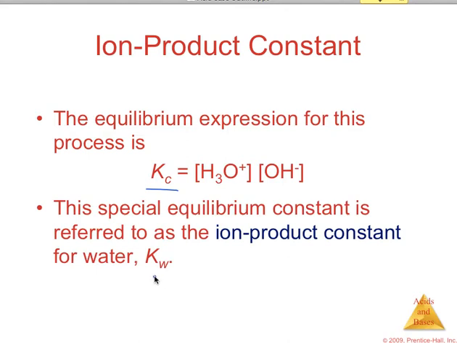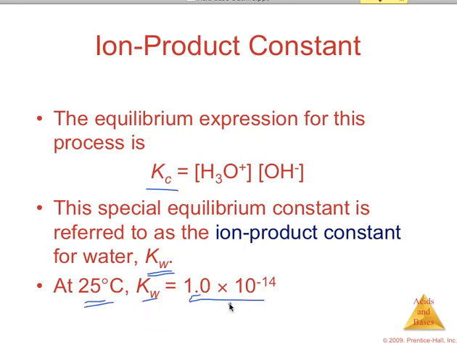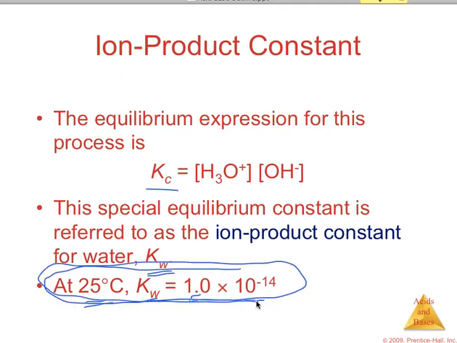We represent it using the ion product constant Kw. At 25 degrees, Kw is 1 times 10 to the negative 14th. This is important to remember. You should memorize that number. You should memorize that it is the concentration of the hydronium times the concentration of the hydroxide ion.